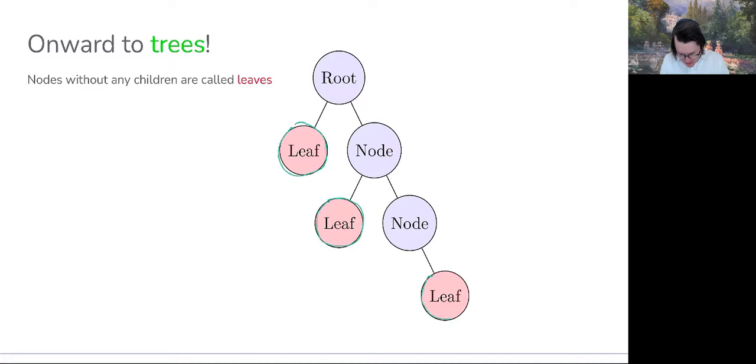Likewise for this node down here. These are all nodes though, so the root is a node, the root's children are nodes, the leaves are nodes. All we're doing is providing some sort of classification on those.